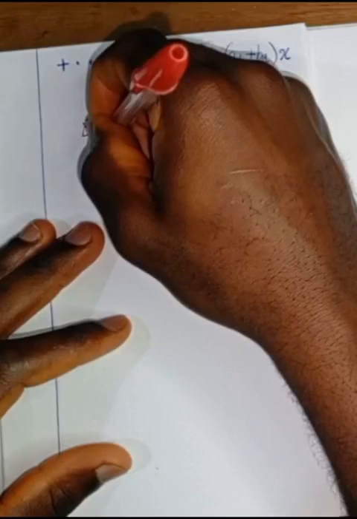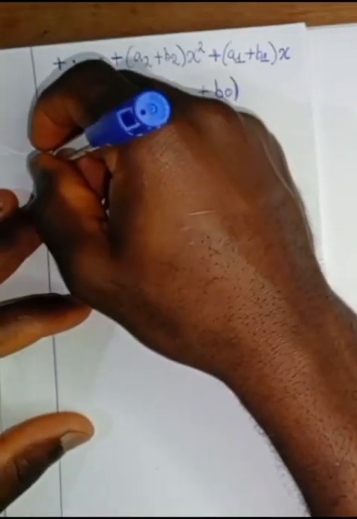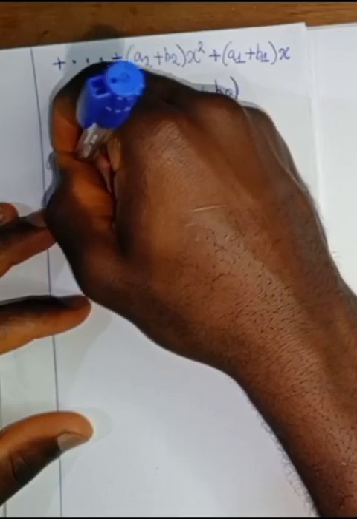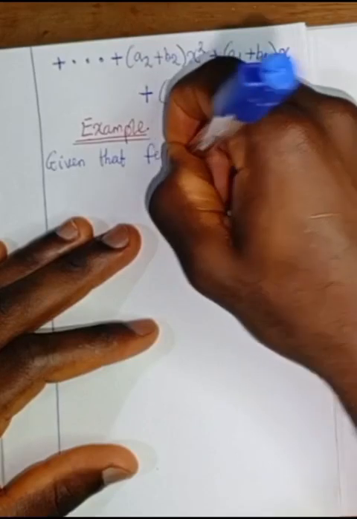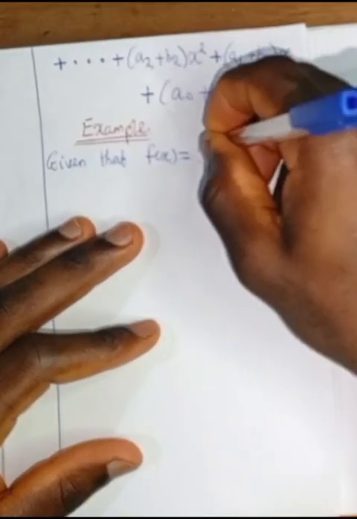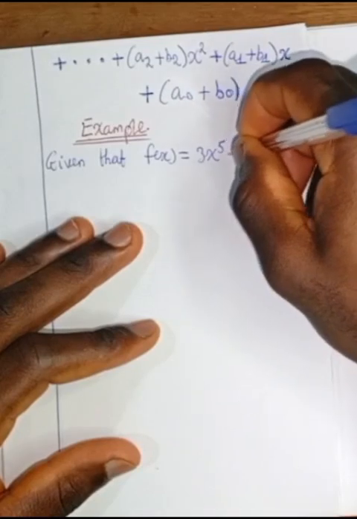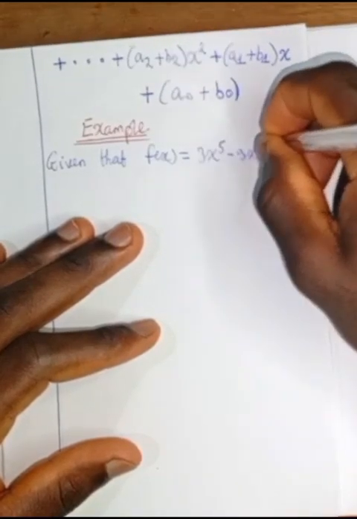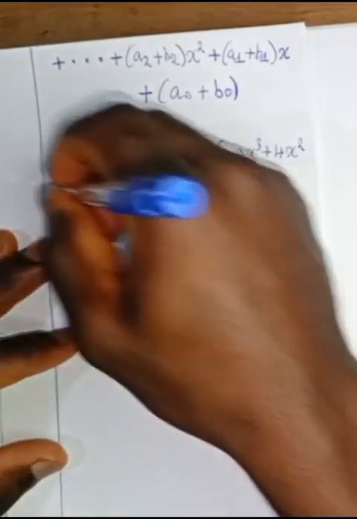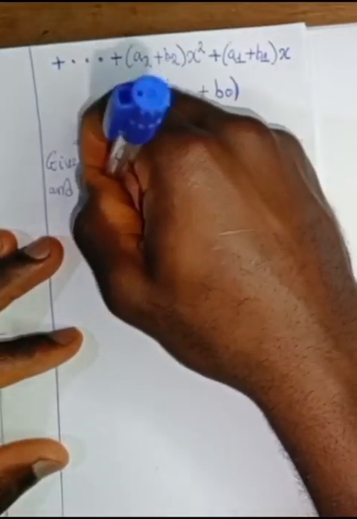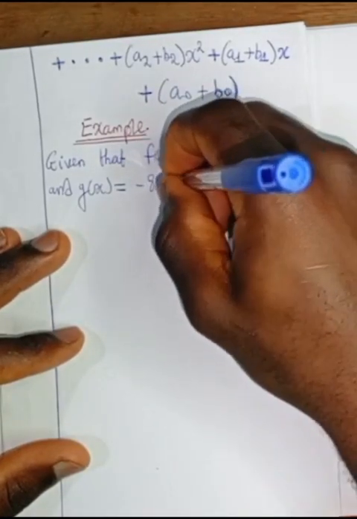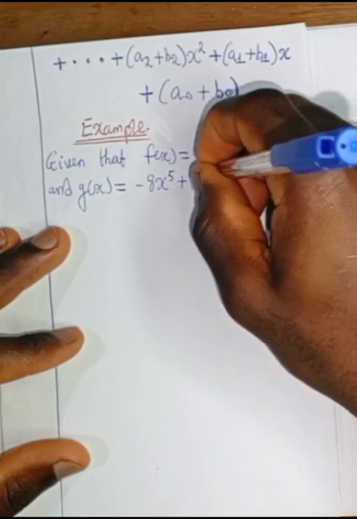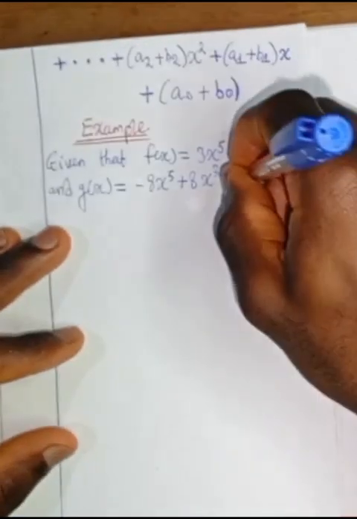Take the example. It goes, given that f of x is equal to 3x to the power 5 minus 9x cubed plus 4x squared, and g of x is equal to negative 8x to the power 5 plus 8x cubed plus 2.